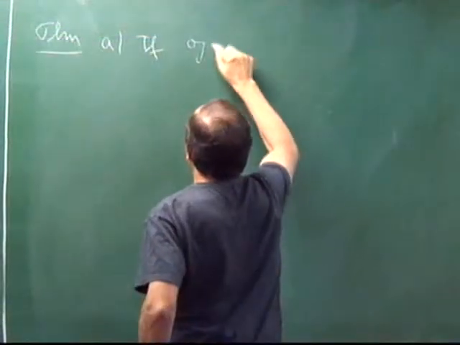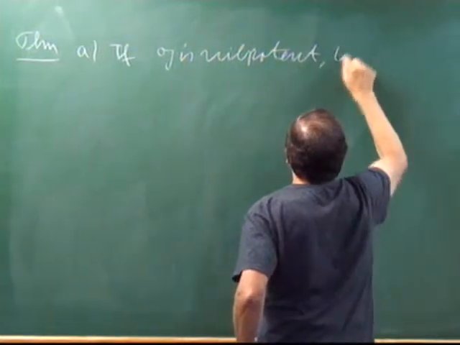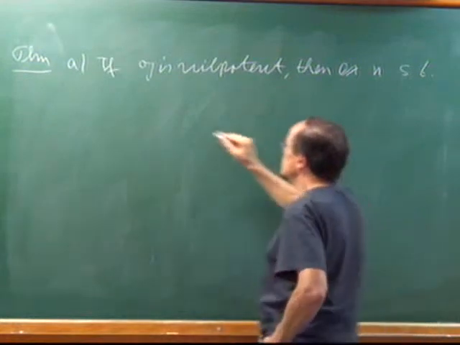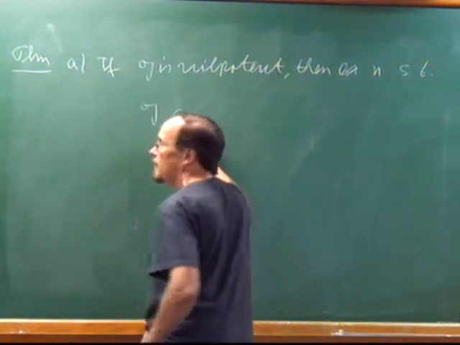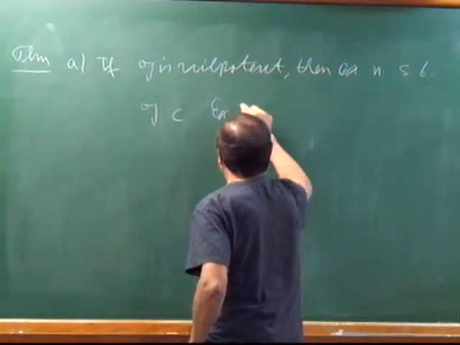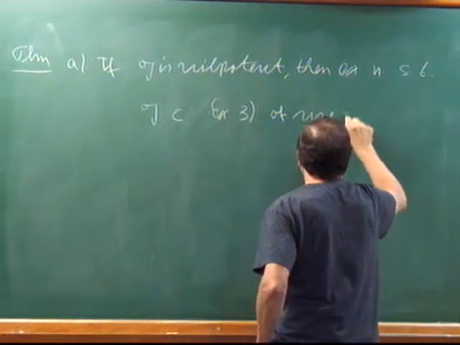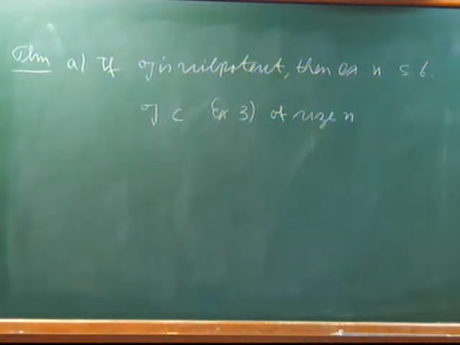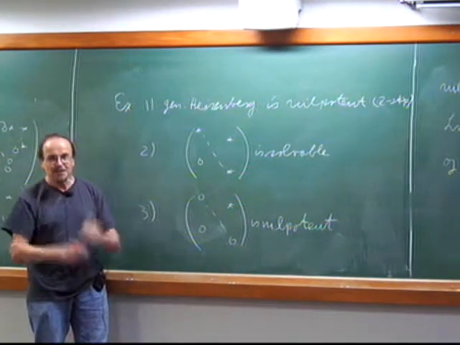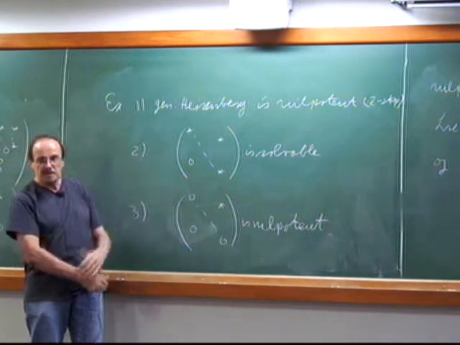If G is nilpotent, then there exists an N such that G is contained in example 3, upper triangular matrices of size N. So every nilpotent Lie algebra is a subalgebra of one of these. So it's the daddy of all nilpotent Lie algebras. I just have to make the size large enough depending on which one I start out with. Right.